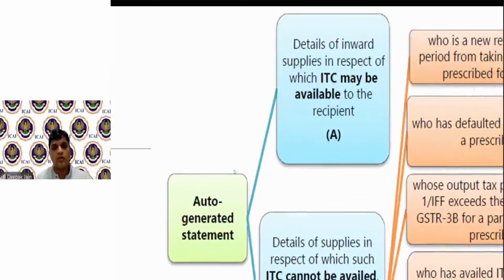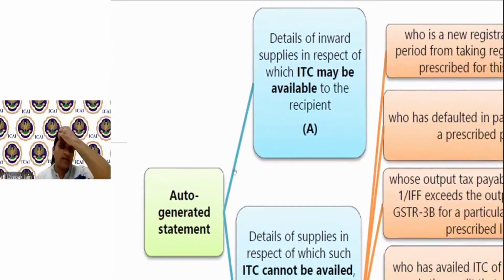Okay. Auto-generated statement will contain the details of inward supplies in respect of which ITC may be available to the recipient. So auto-generated statement shall be made available, which will give you the details of inward supplies in respect of which ITC may be available.